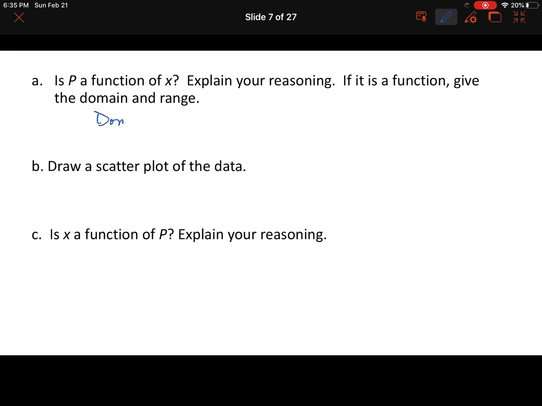The domain would be the x values of the set, and the range would be the p values of the set. The domain would be the pounds, and the range would be the profit.